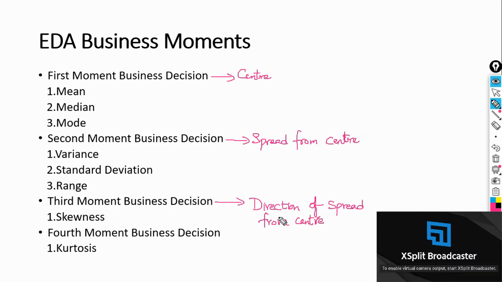So additionally it is talking about the direction of spread. Is that right? Yes. From your center, assume this is your data set, guys. So your data set is distributed in this way. Let me draw it well.